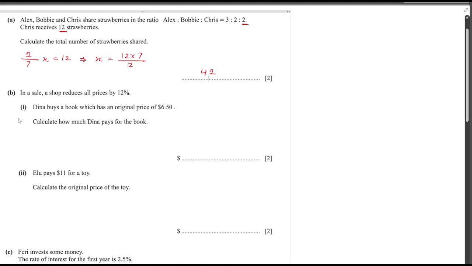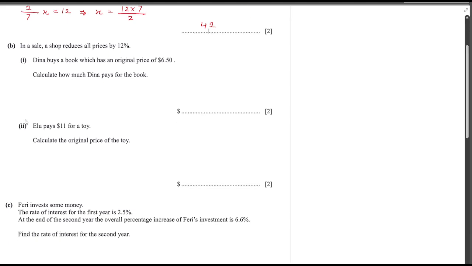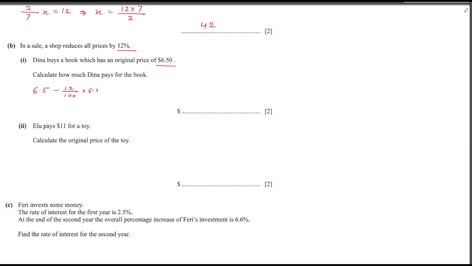In a sale, a shop reduces all prices by 12%. Now, Diana buys a book which has an original price of 6.5. Calculate how much Diana pays for the book. Now, the original price is 6.5, and the shop is reducing the price by 12%. So minus 12%, which is 12 upon 100 of this 6.5, is going to give your final price.